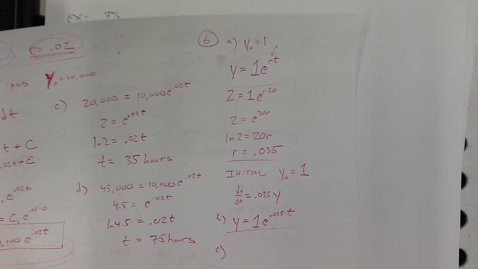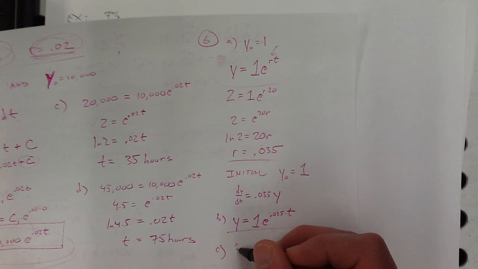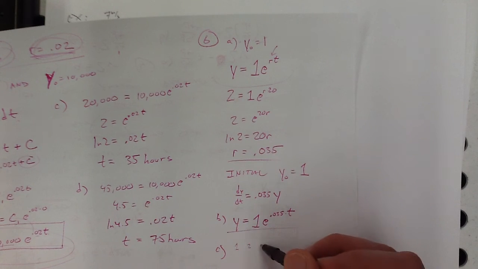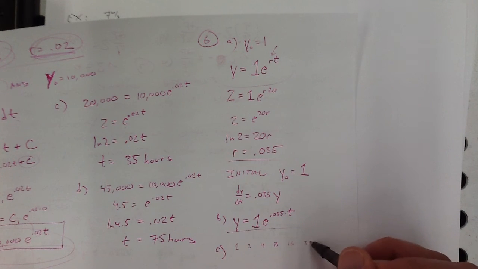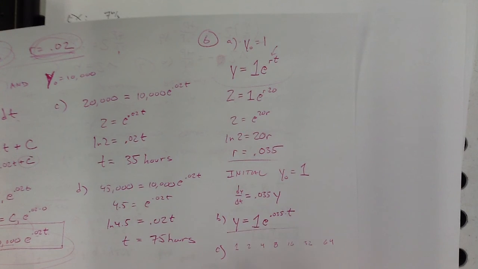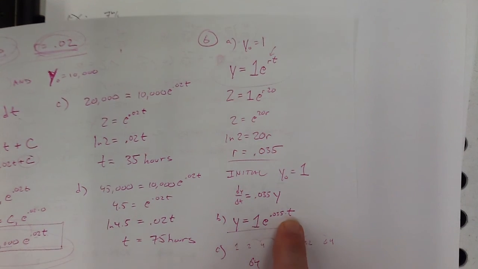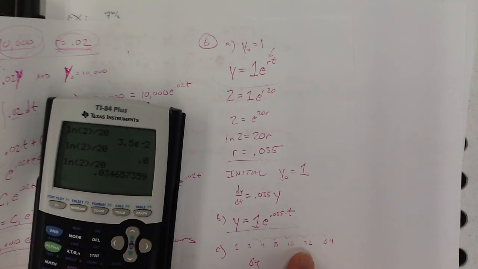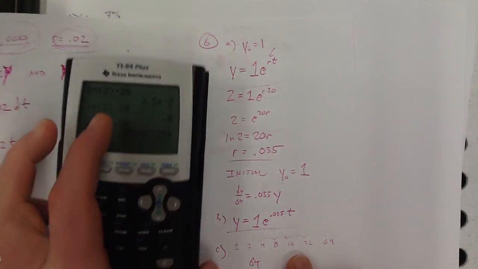And C, how many cells are present after 2 hours? You could use the equation, or you could just run through the calculation. If at time 0 it's 1, and then 20 minutes later it doubles, 20 minutes later, 20 minutes later, it just keeps doubling. I think that's 20, 40, 60, that's 1 hour, 20, 40, 60, that's another hour, so 64. You could also, it says 2 hours later, so 2 hours is 120 minutes.